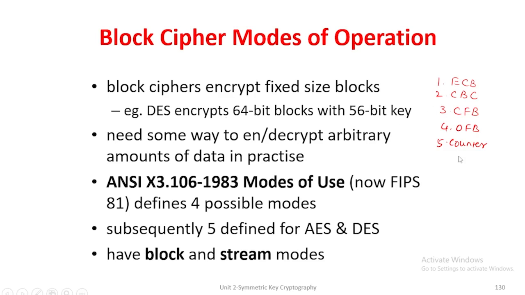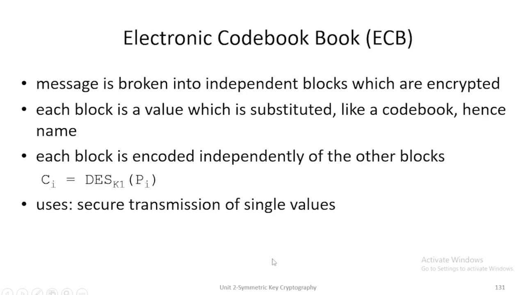Basically, five types of block cipher modes of operation are available, called electronic codebook, cipher block chaining, cipher feedback mode, output feedback mode, and counter method. These five methods can implement both the DES algorithm and the AES algorithm. We may also implement these modes in either a block cipher mode or a stream cipher mode.